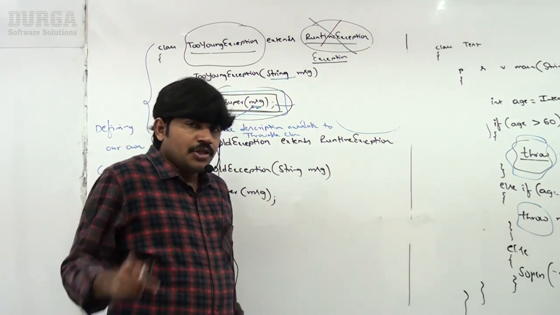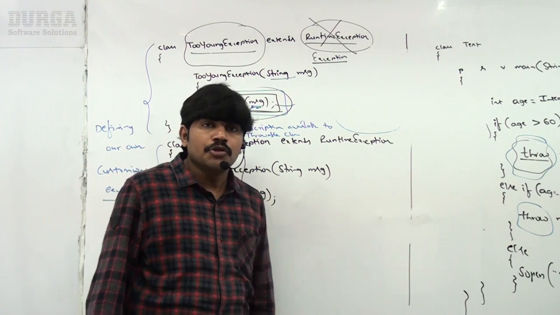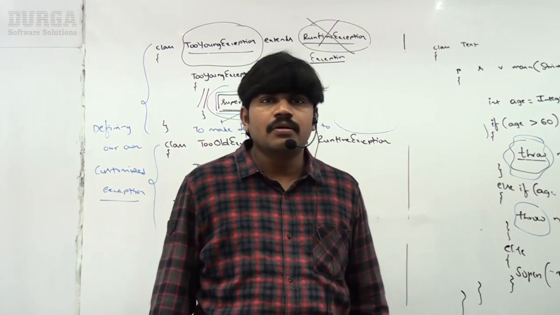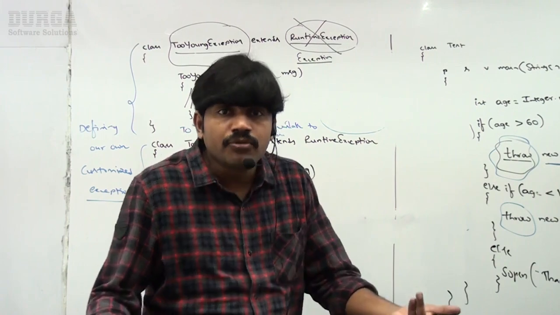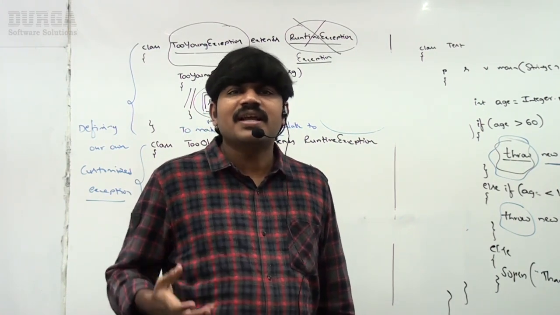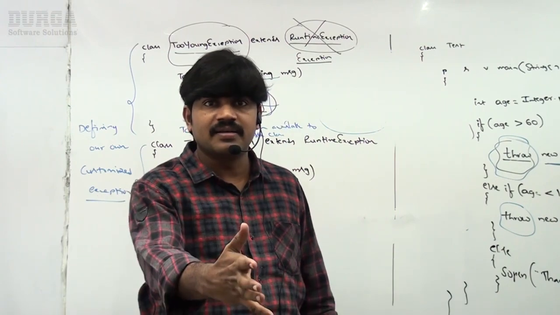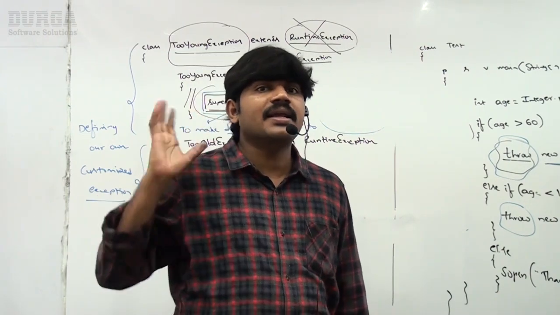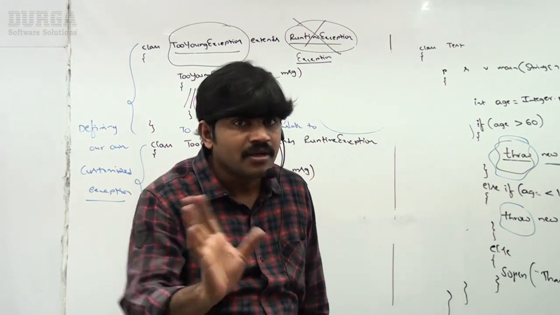If it is a checked exception, whenever you are raising it, the compiler is immediately going to object. In your program there is a chance of raising a checked exception, but you didn't handle it, so the problem is going to come. Now, to indicate something went wrong, I'm raising this exception. What is the need of handling? That's why it is highly recommended to define our exceptions as unchecked but not checked.